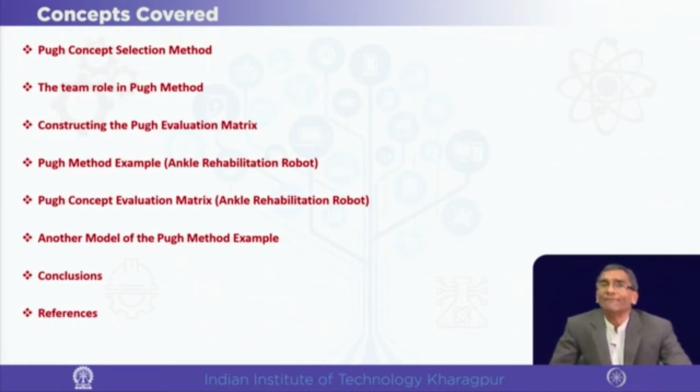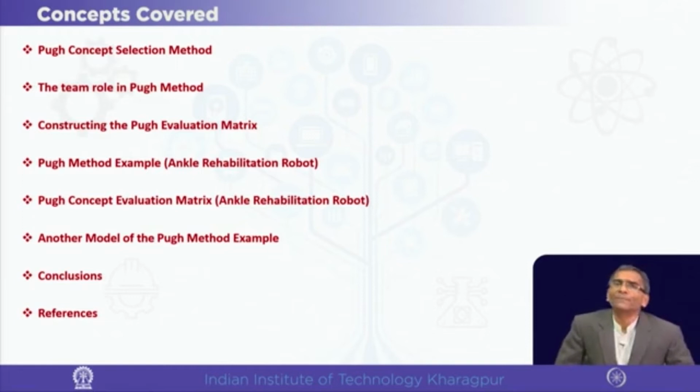Not for every occasion the same group will meet, maybe, but that is a collective team, and depending on the need, the particular team or sub teams or task groups work on that. Then we will see how the Pugh evaluation matrix is constructed, and then we will take up an ankle rehabilitation robot example taken from literature.